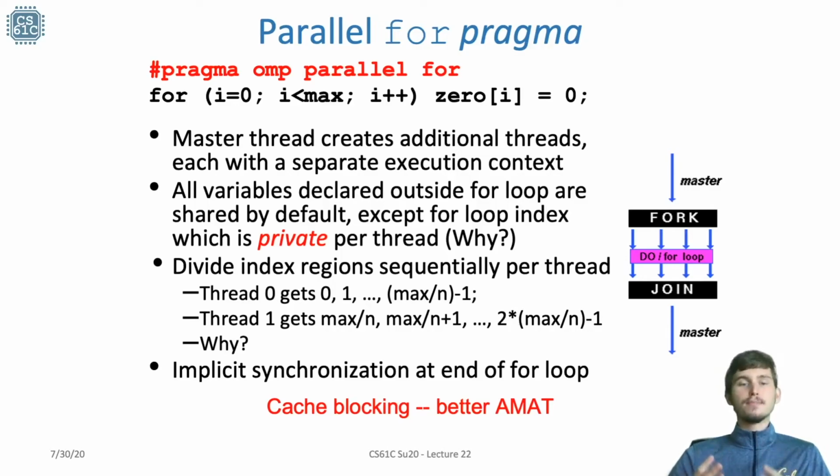Well, the reason why this is bad is because of what you might have learned already with caching. Each thread might be running on separate cores, which means they might have separate caches. Say thread 0 executes and does a write operation.